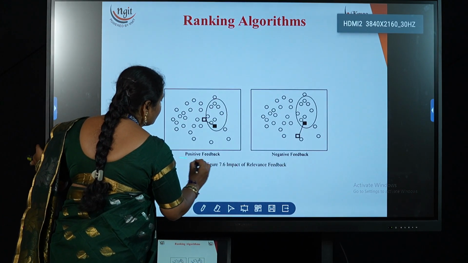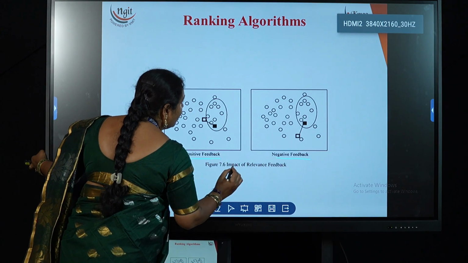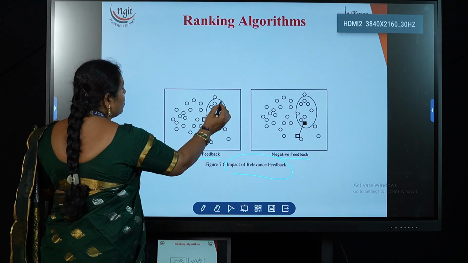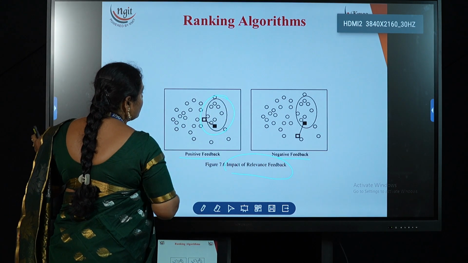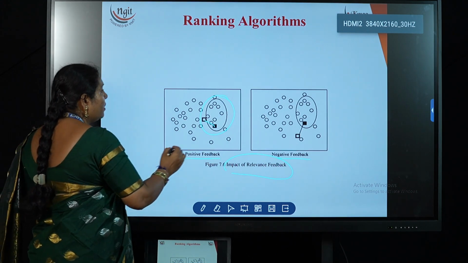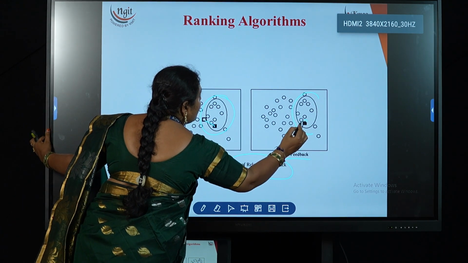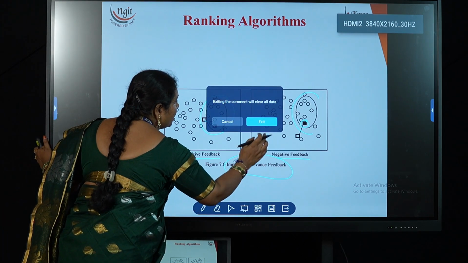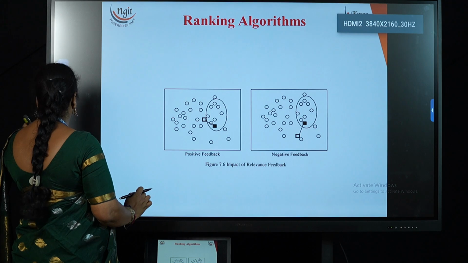If you see here, you have the positive feedback and negative feedback. This is the impact of relevance feedback. This is your positive feedback, where this particular item will be outside. When you take this one, this black color will be inside. That is the feedback process of positive and negative feedback.